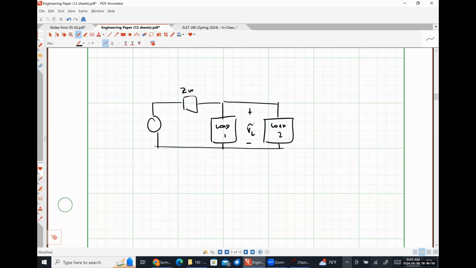I would ask you, what's the complex power absorbed by load 1? Part B, what's the complex power absorbed by load 2? Part C, what's the complex power absorbed by the transmission line network? Part D, what's the total complex power supplied by the source? Part E, what size capacitor would be needed to correct the power factor of the source to some target? That's the type of power factor correction question you should expect.